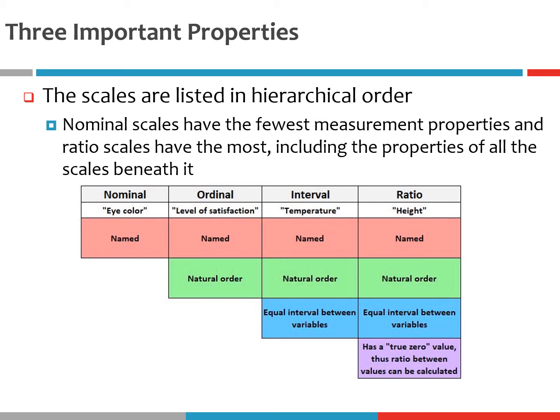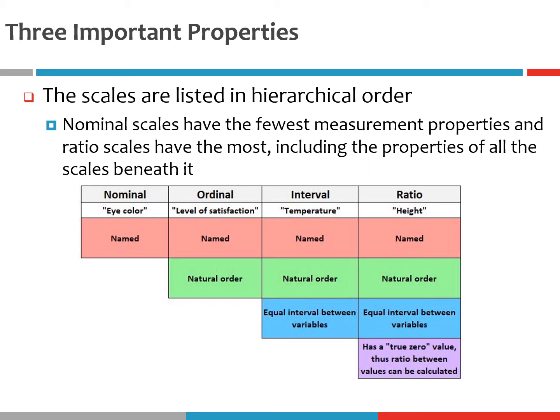So nominal scales are the most basic scales, and they have none of the three measurement properties we just talked about, as opposed to ratio scales that have all three of those measurement properties. Okay, and again, this will make sense in just a moment.